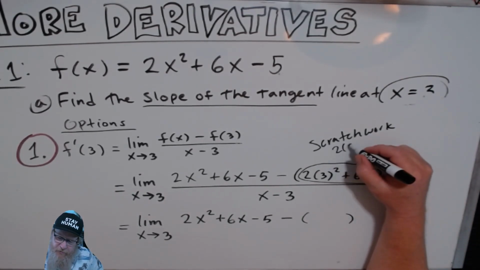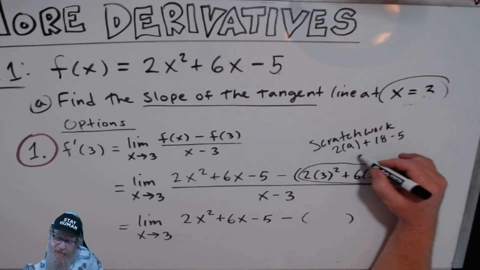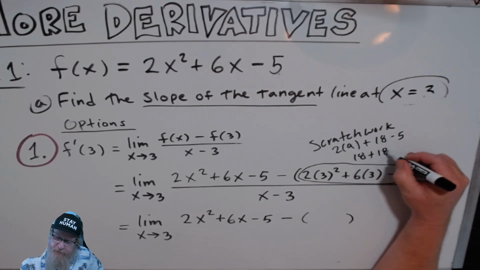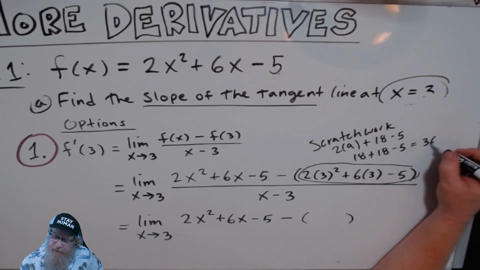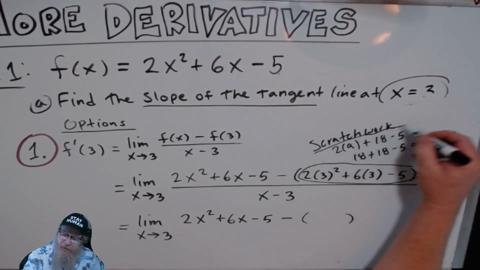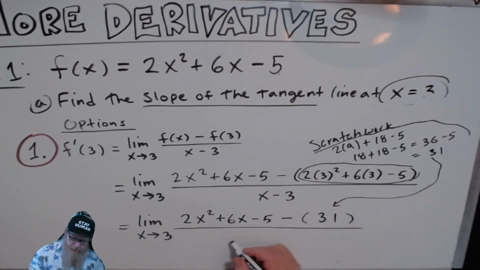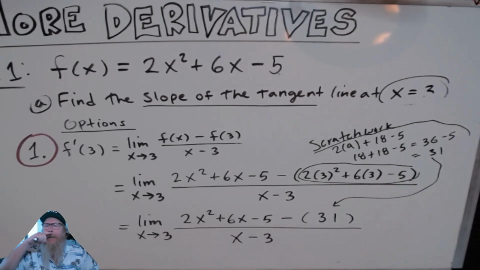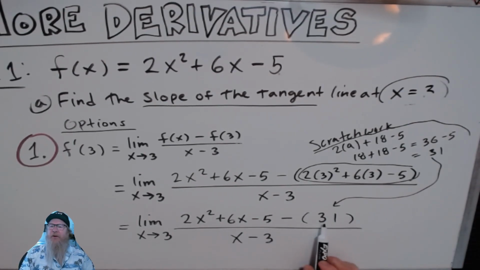So this is going to be 2 times 9 plus 18 minus 5, which is 18 plus 18 minus 5. That's 36 minus 5, which is 31. So there's my scratch work. Okay, so I've got -5 and -31.